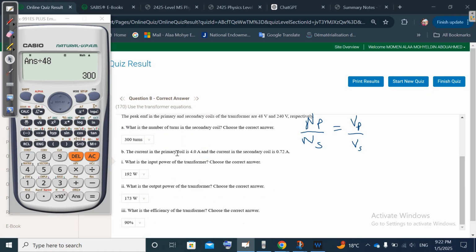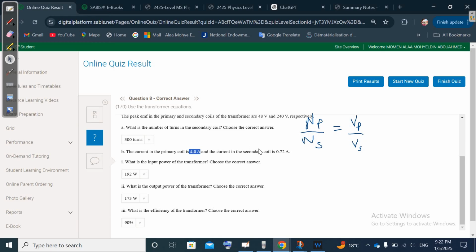Moving on. The current in the primary coil is 4 ampere. The secondary coil is 0.72 ampere. What's the input power? Real power is P equals IV. For the input, I need the primary. The primary voltage is 48 and the primary current is 4 ampere.